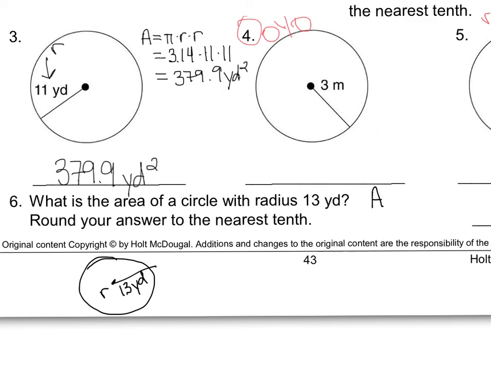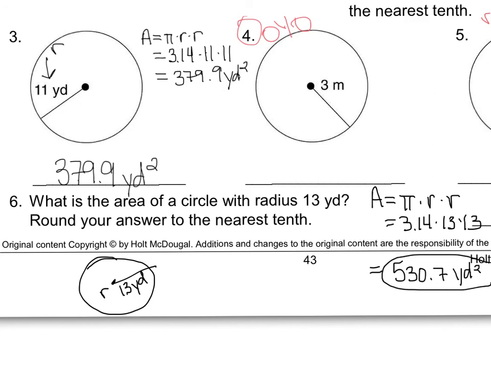So area equals pi times the radius times the radius. 3.14 times 13 times 13. Plug in all 3 of those numbers, and you get 530 and 7/10 yards squared, rounded to the nearest tenth.